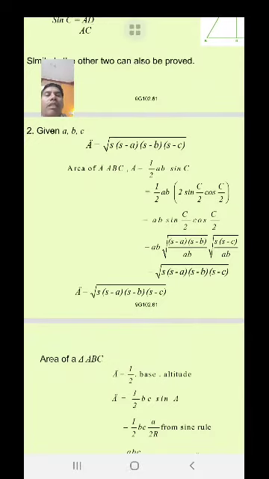Given triangle ABC with sides a, b, c, the area equals under root of s into s minus a into s minus b into s minus c.